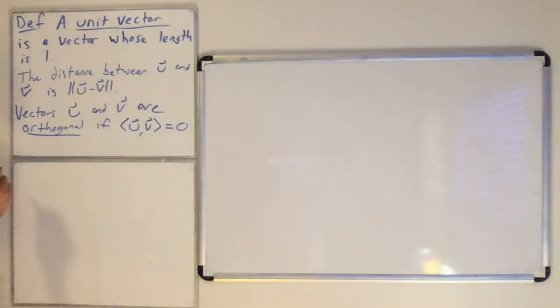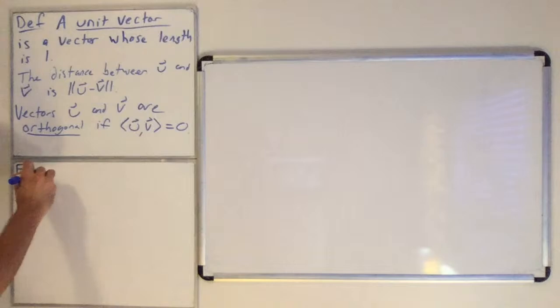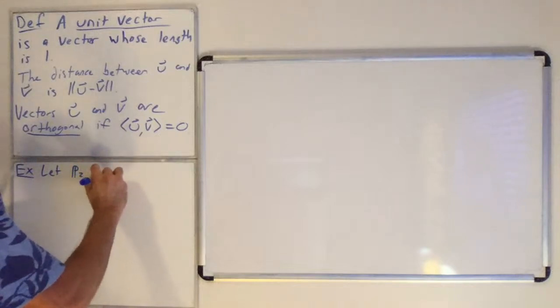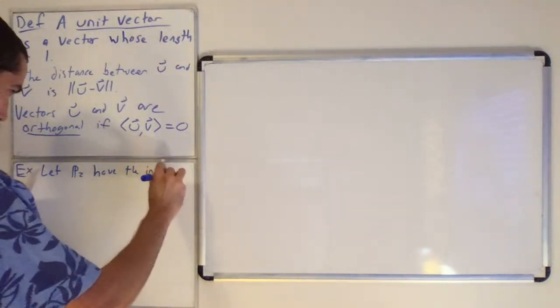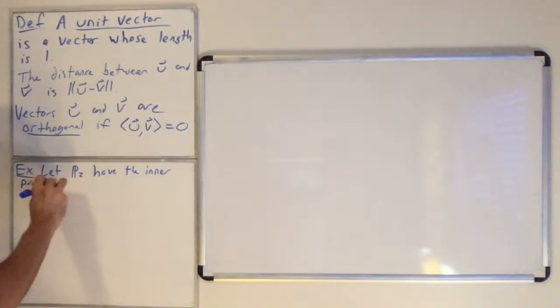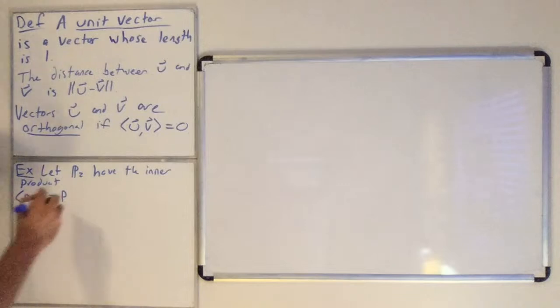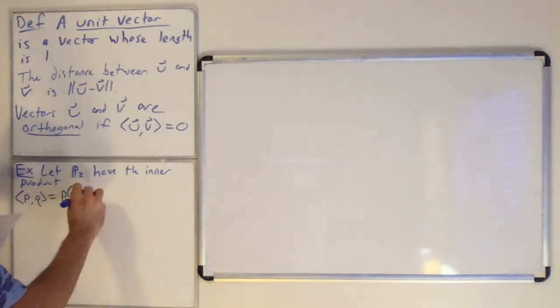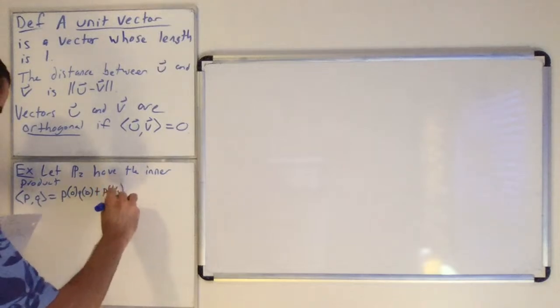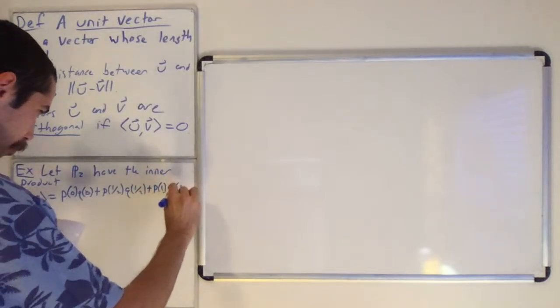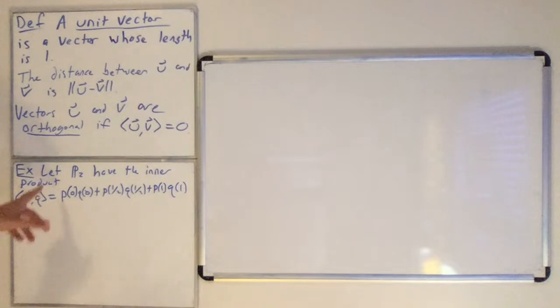Okay, let's look at an example. So we'll let P2 have the following inner product for p and q.